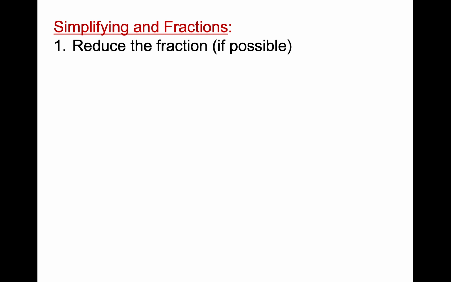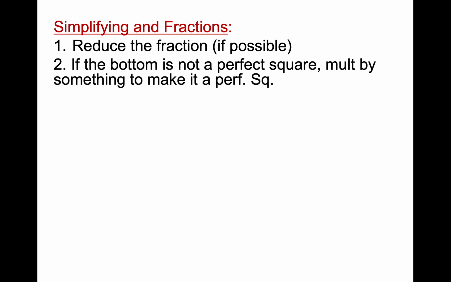Okay, so to review, when we are simplifying radicals that also are part of fractions, our first step is we're going to reduce the fraction if it is possible. Second step, if the bottom is not a perfect square, then we're going to multiply it by something to make it a perfect square. And we do this, we're multiplying the bottom by that value and the top.